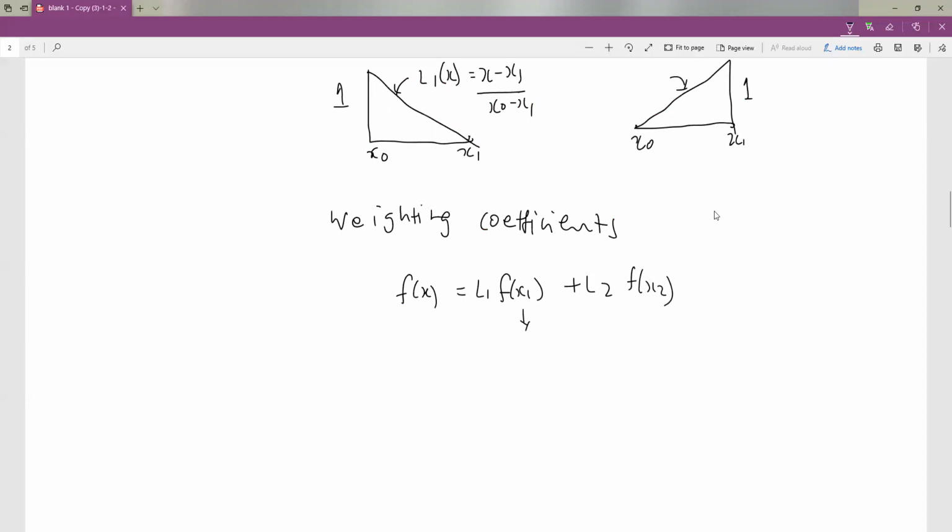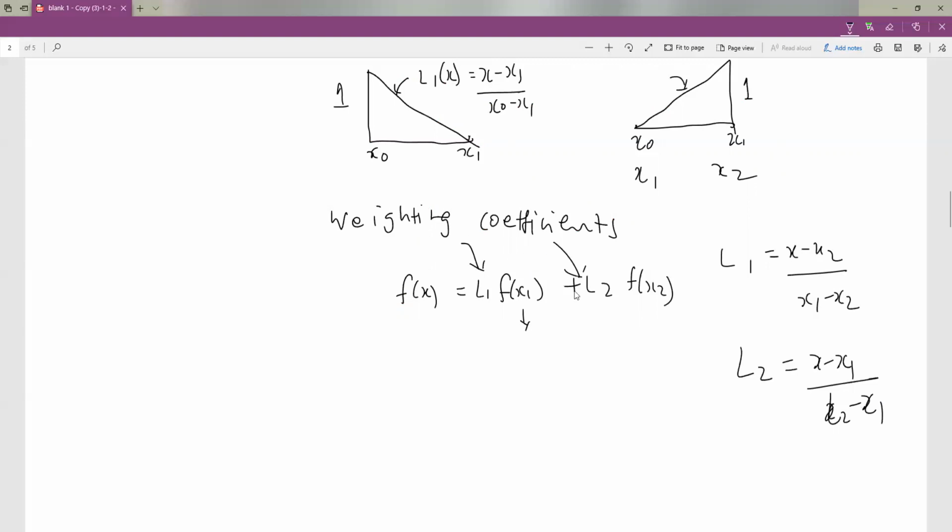Instead of x0, x1, I am now calling them x1, x2. You know that L1 is equal to x minus x2 over x1 minus x2, and L2 is equal to x minus x1 over x2 minus x1. So as I told you, L1 and L2 are the weighing coefficients.